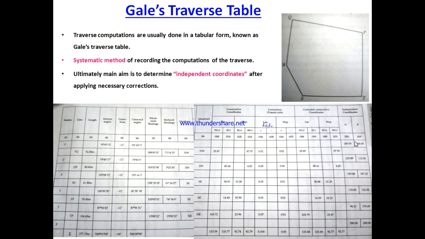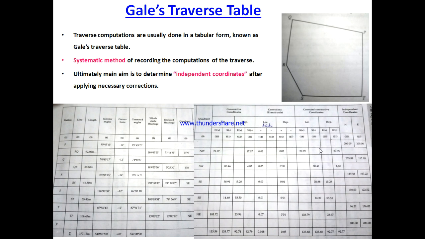Now after calculating that, we need to ultimately calculate the independent coordinates. We need to choose the coordinate in such a manner that all the points we can locate in the first quadrant. So suppose I have chosen the coordinate value as 200. With that, for each station, for each line, I can calculate the coordinate.